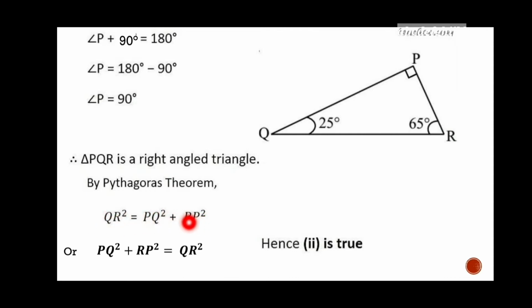So we can change the statement and write it as PQ square plus RP square is equals to QR square. So you can see from the question, out of the three statements, the second statement is true, which satisfies the Pythagoras theorem.